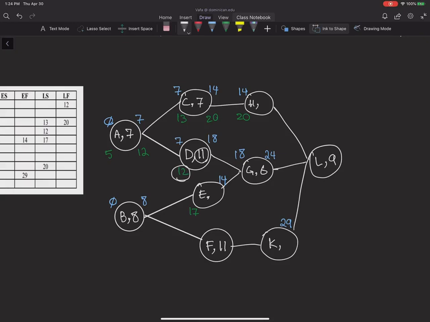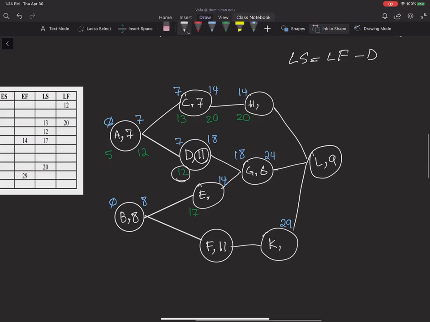Therefore, going backward using the same formula of late start equal to late finish minus duration, if you just plug in these values, late start here is 12 and it's equal to late finish minus 11. Therefore, my late finish would be 23. Okay, so this would be 23.